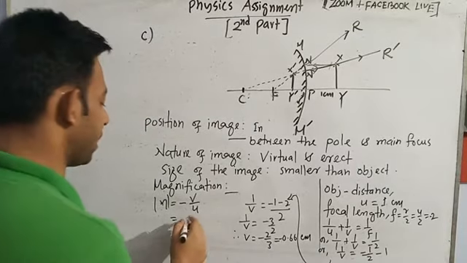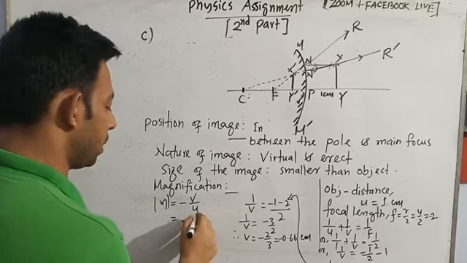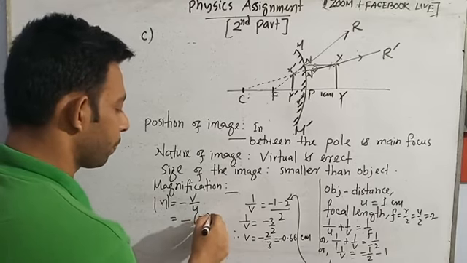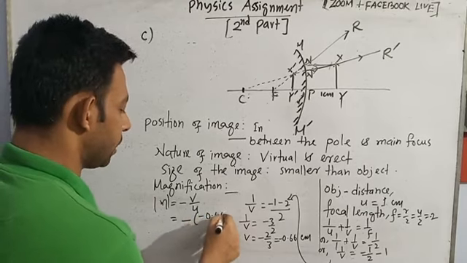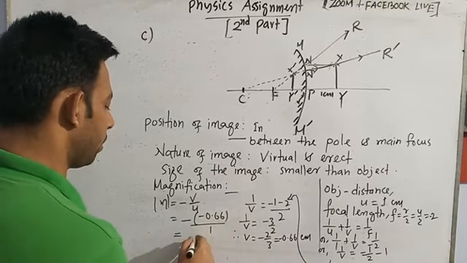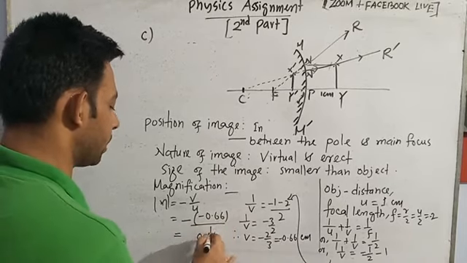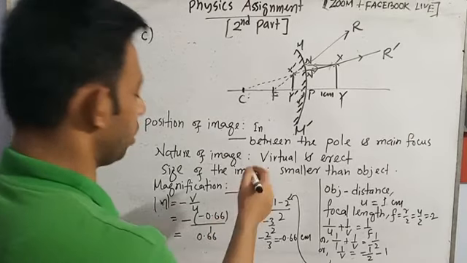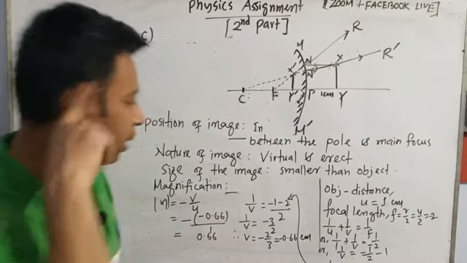So minus V is minus 0.66 divided by U, which is 1. So what did we get? A plus value, 0.66. The magnification will be 0.66.